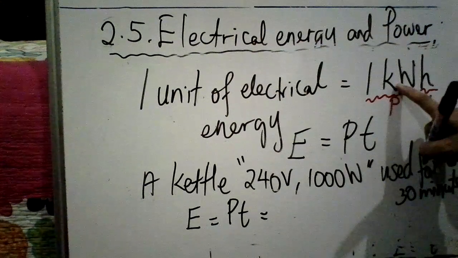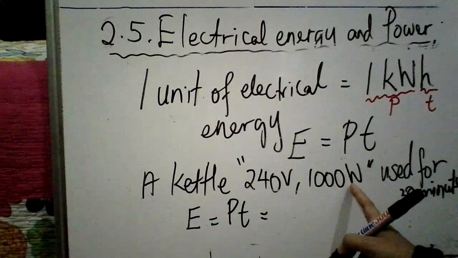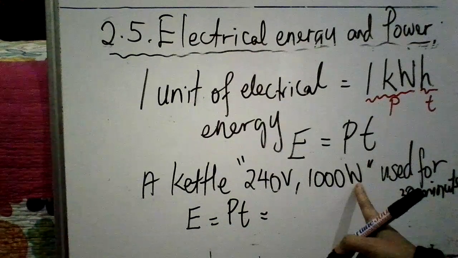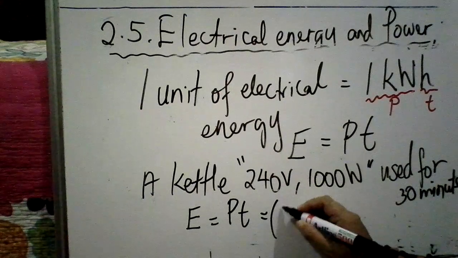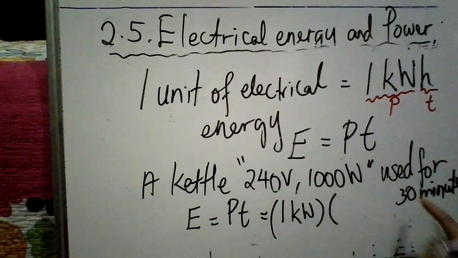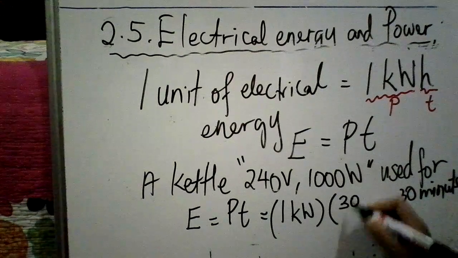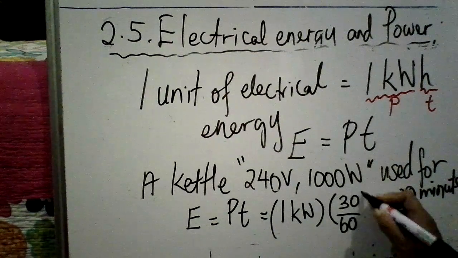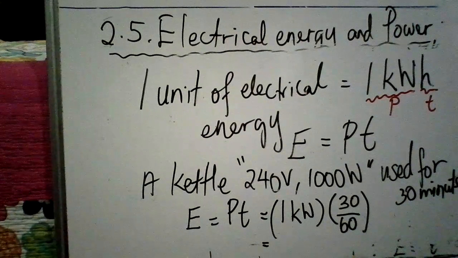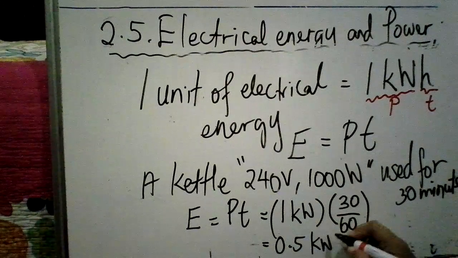The power must be kilowatt, the time must be hour. So this one given is watt. 1000 watt meaning is 1 kilowatt. So it's 1 kilowatt. And the time taken, 30 minutes, convert to hour. 30 divided by 60. So meaning we get 0.5 kilowatt hour.